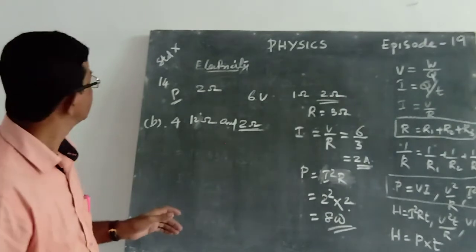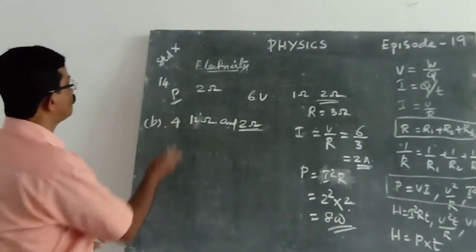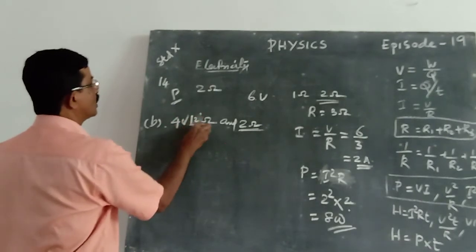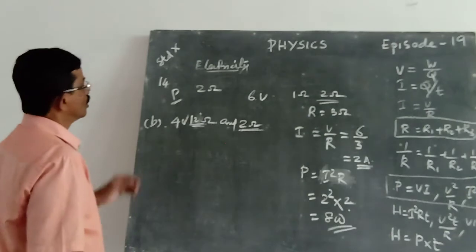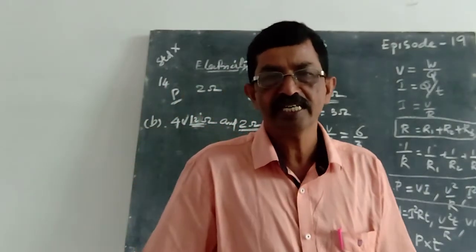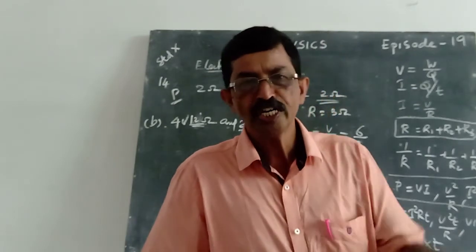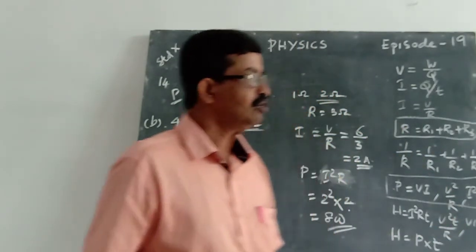Here the given potential is 4 volt, and the other resistors are 12 ohm and 2 ohm. When the resistors are connected in parallel, the potential across each of them will be the same.